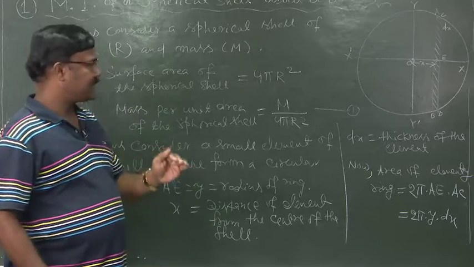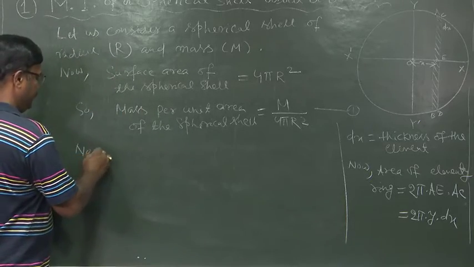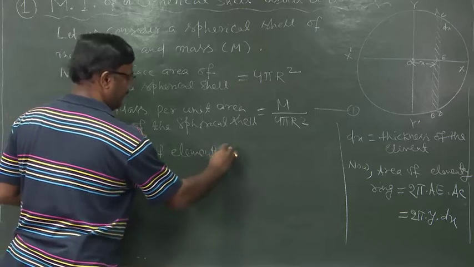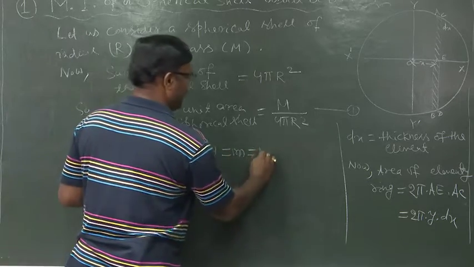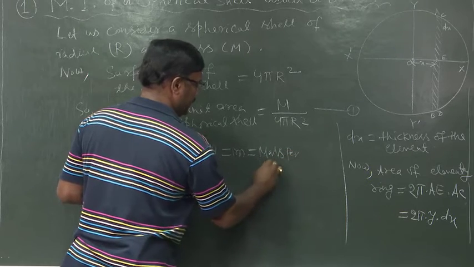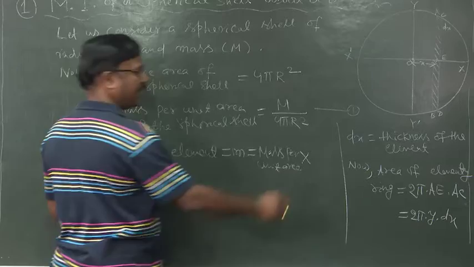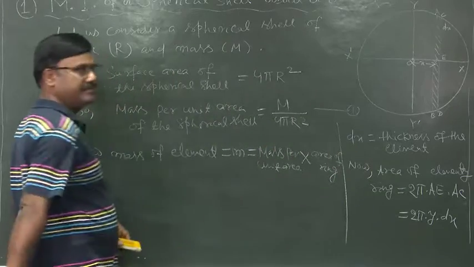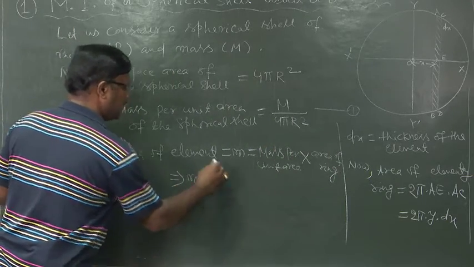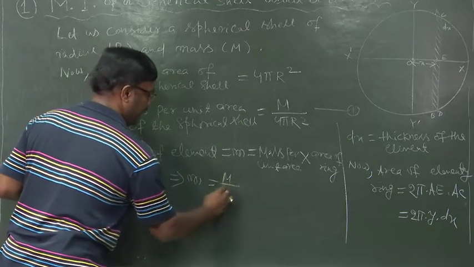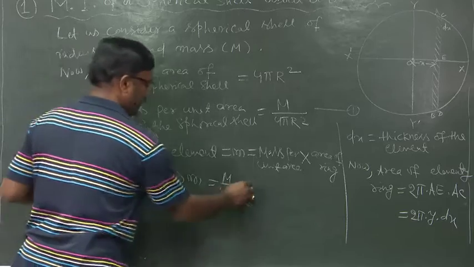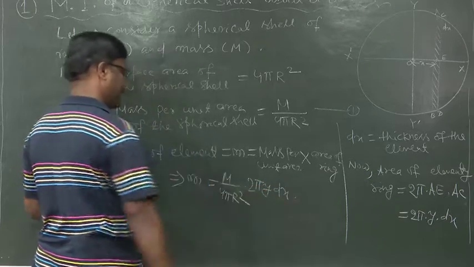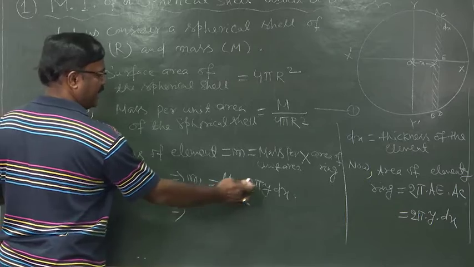So, the mass of the element, small m, is equal to mass per unit area multiplied by area of the ring, which implies small m is equal to m by 4 pi r square into the area of the ring 2 pi y dx, which implies pi gets cancelled.